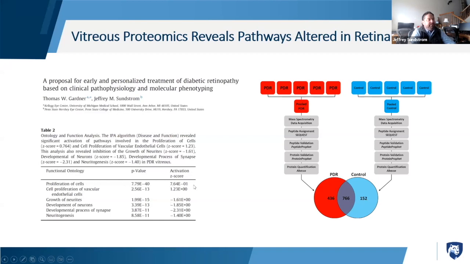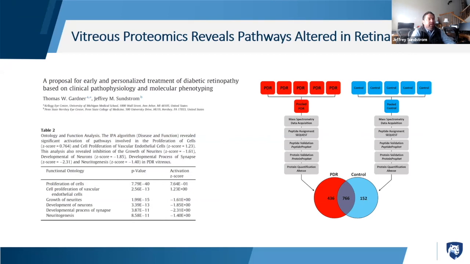So these patients have proliferation of endothelial cells, as you can see here. And my colleagues Tom Gardner and Alistair Barber had shown in the late 90s and early 2000s that there's also a neurodegenerative component with diabetic retinopathy. And you can see that there's downregulation of pathways that support neurogenesis and the process of synaptic development.